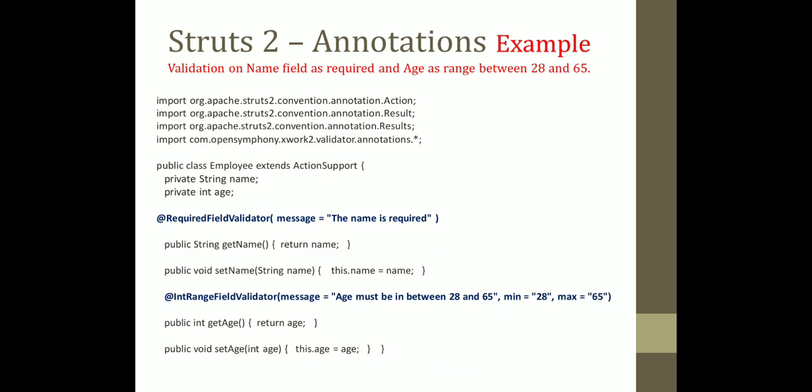So this is an example of how to include validation on the name field, and the age as a range between 28 to 65.